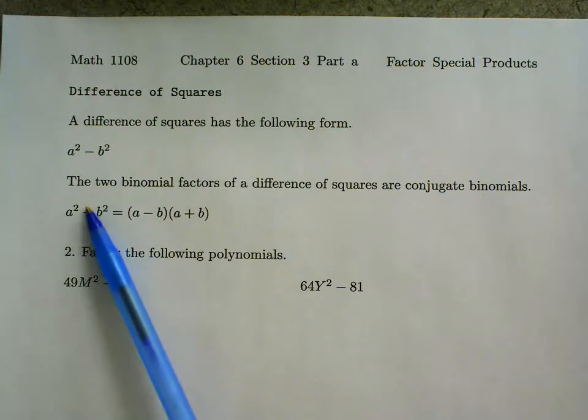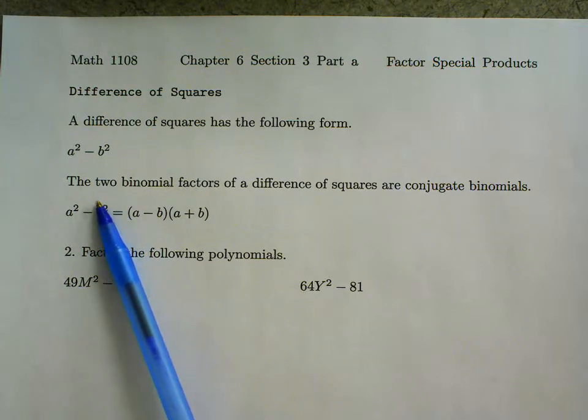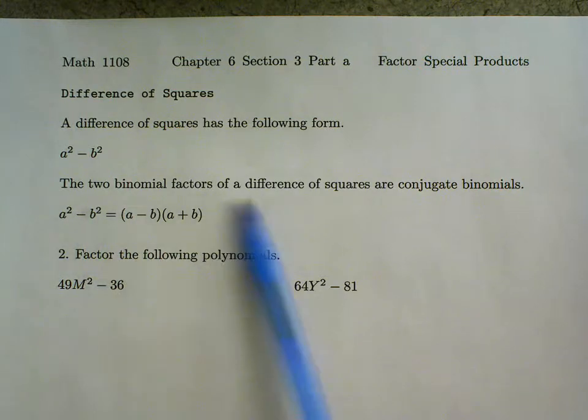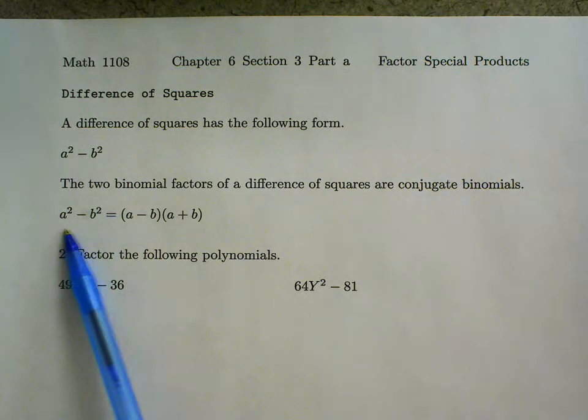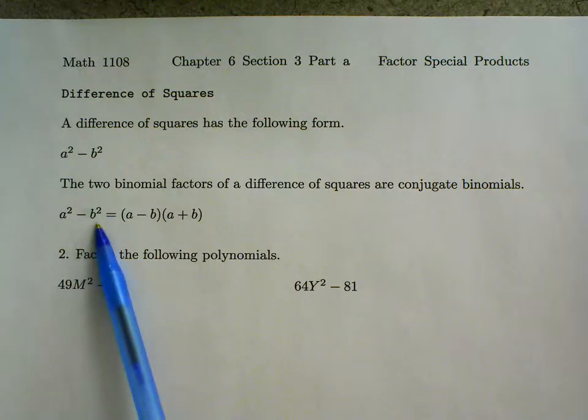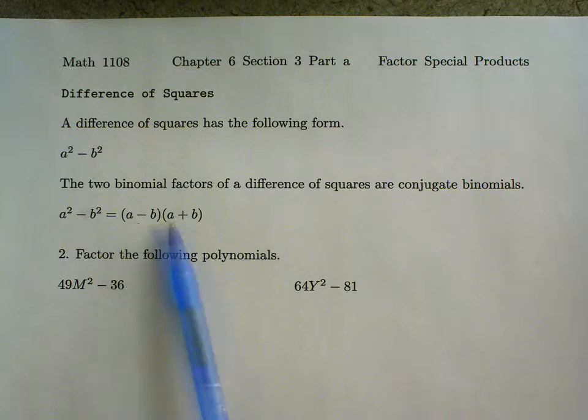A difference of squares factors really nicely. The two binomial factors of a difference of squares are conjugate binomials. So for a to the second minus b to the second, the two factors are a minus b times a plus b.